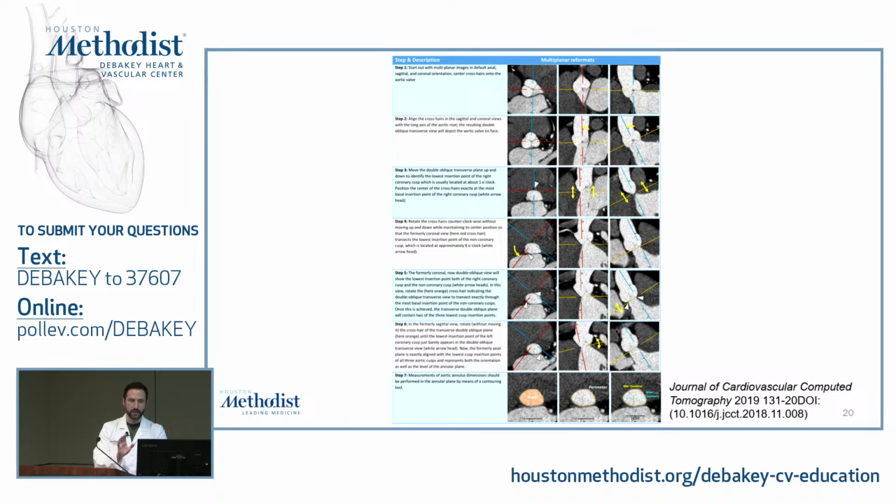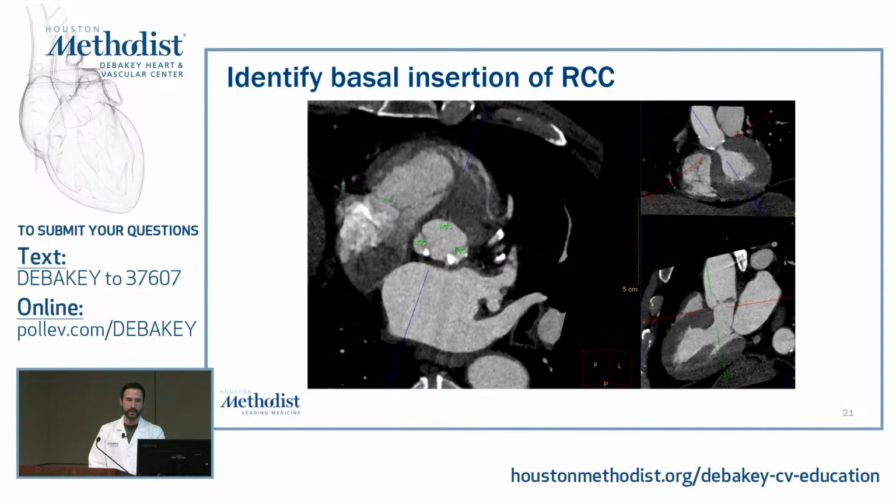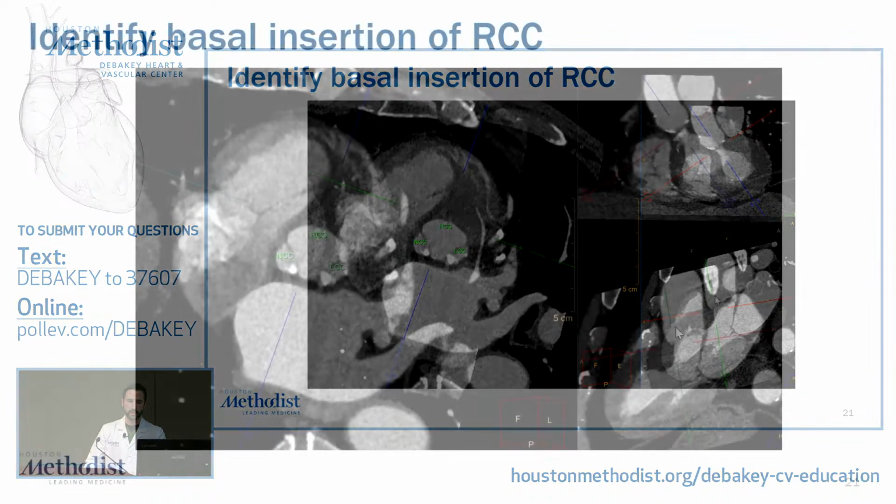So I pulled this slide from the SCCT guidelines on TAVR on how to identify the annular ring. So as you know, in CT, you get your axial images, and then your coronal and your sagittal. So you always want to do a double oblique at the coronal and the sagittal. So you get double oblique here, double oblique here.